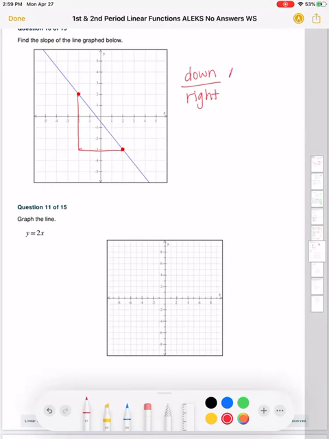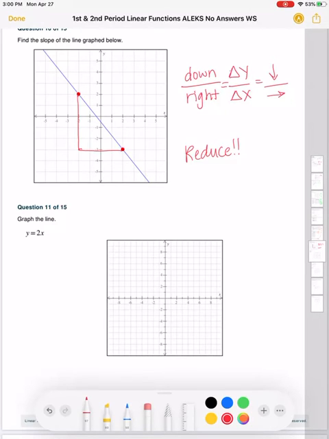Because remember, slope is the change of y over the change of x. So how much did your line go down over how many units did you go to the right. And then if you need to, you are going to reduce. You may not need to, but in case you do, make sure that that is reduced. It is okay if it is a top-heavy fraction. I know that some of you do not love that.